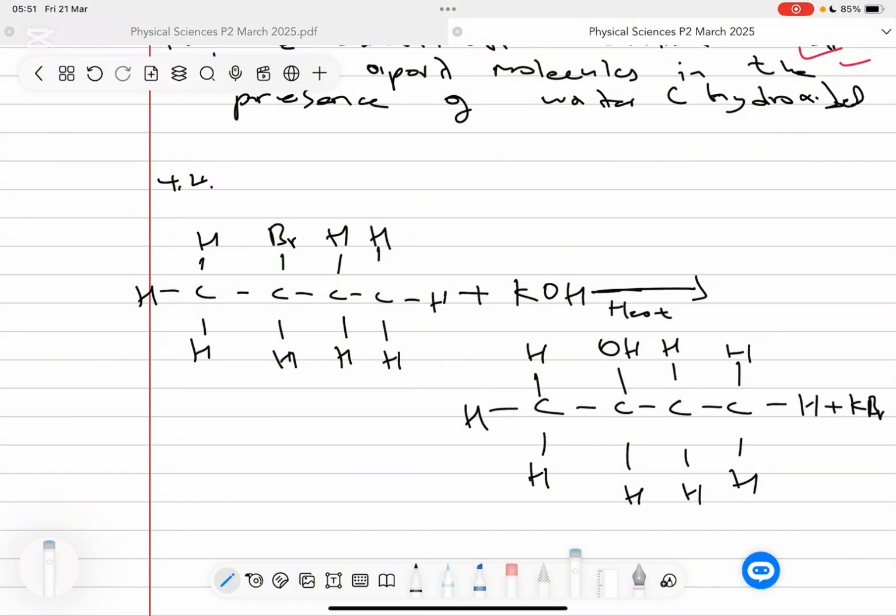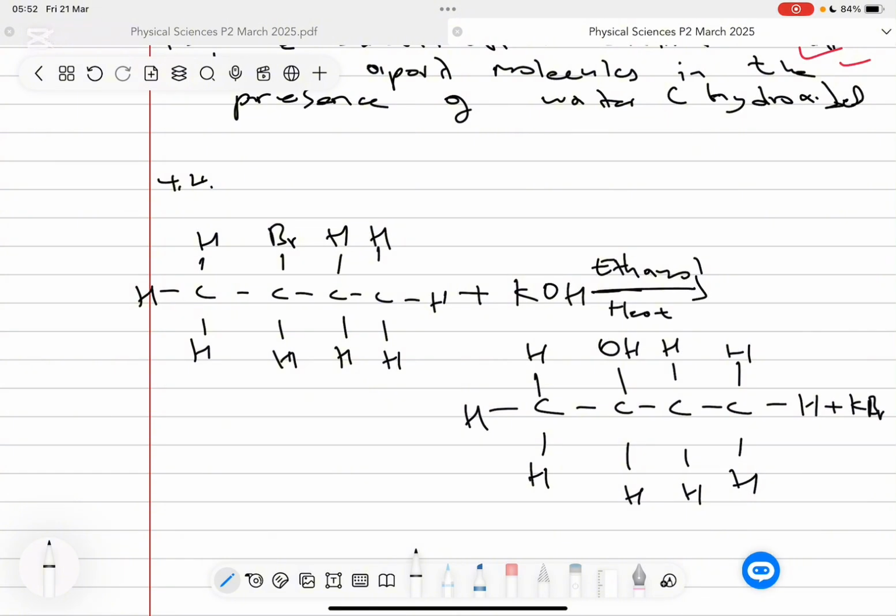In other words, if you can imagine a lab setting where you have a beaker, this is a type of reaction where you will put all your reactants in it and put it on a Bunsen burner. You will heat this reaction, and when you do that, you will also add a little bit of ethanol, just to allow the reaction to take place.